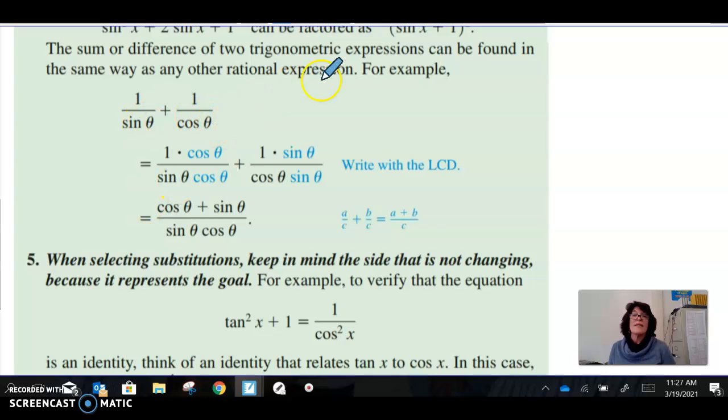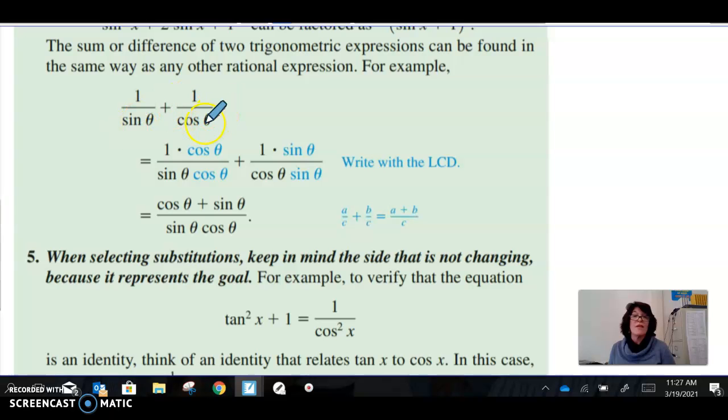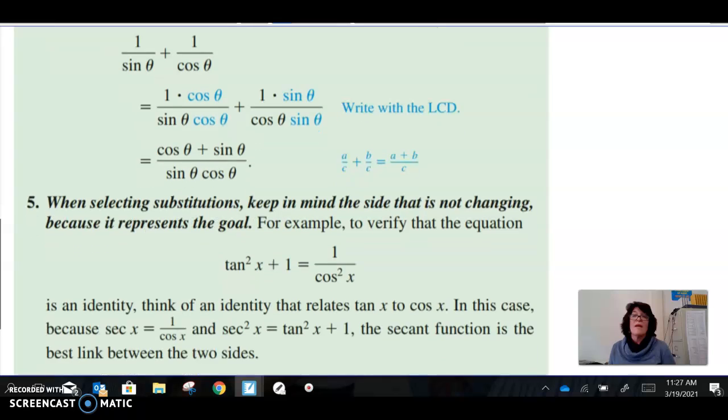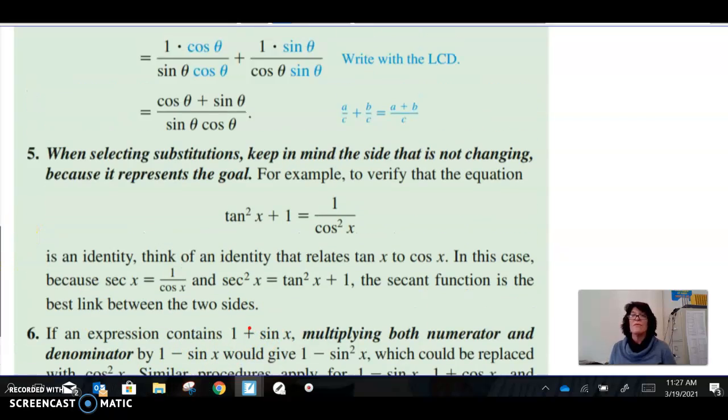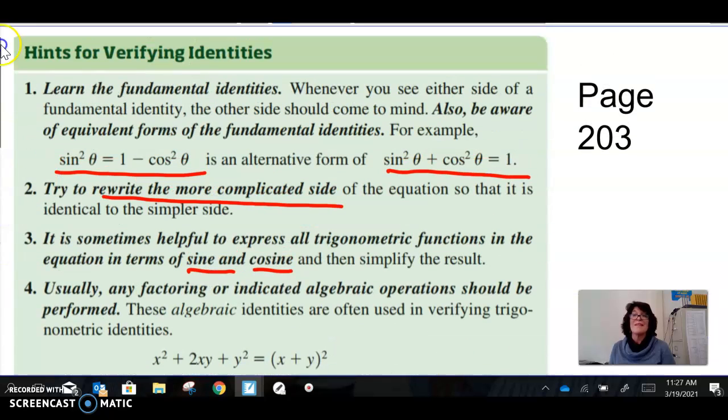Usually it's a good idea to find a common denominator if you have 2 fractions added together. Multiplying by the conjugate, oh yeah, that's what we did in the last one. Anyway, you can read through these, they're just hints.